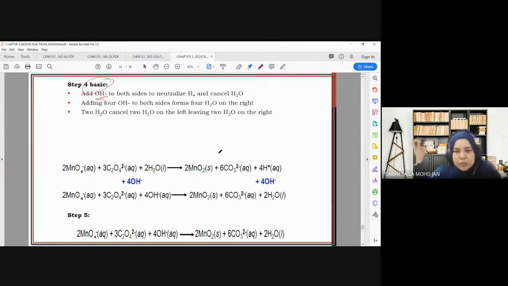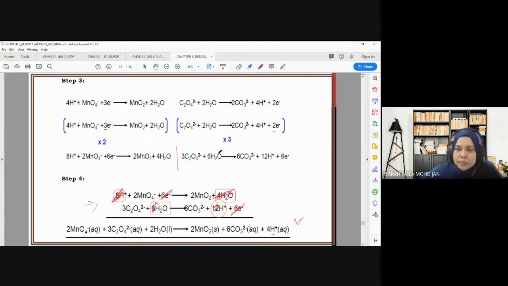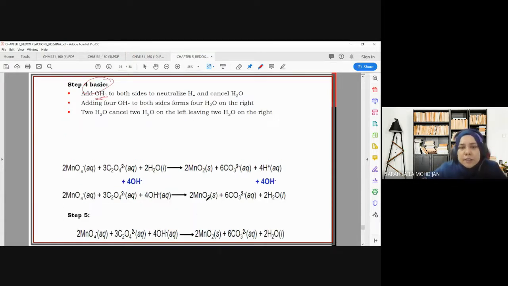Usually in the question they mesti mention condition redox tadi, sama ada dia basic or acidic medium. Okay, so kalau acidic medium, you just finish up the equation sampai kat sini je lah. And then you double check, betul tak balance kiri dan kanan. But if it's a basic, you have to do extra step.